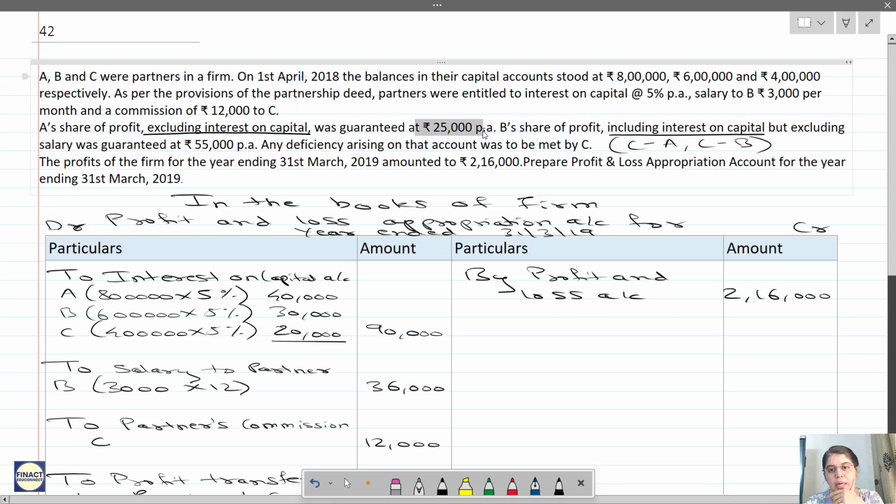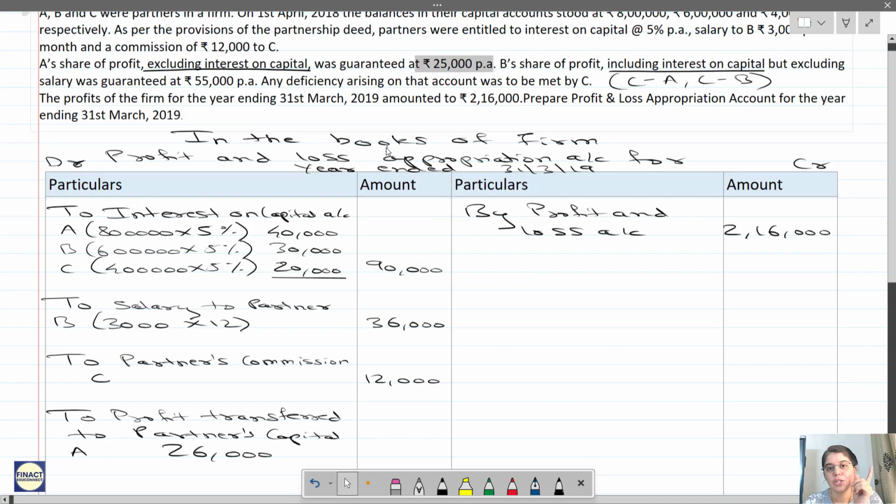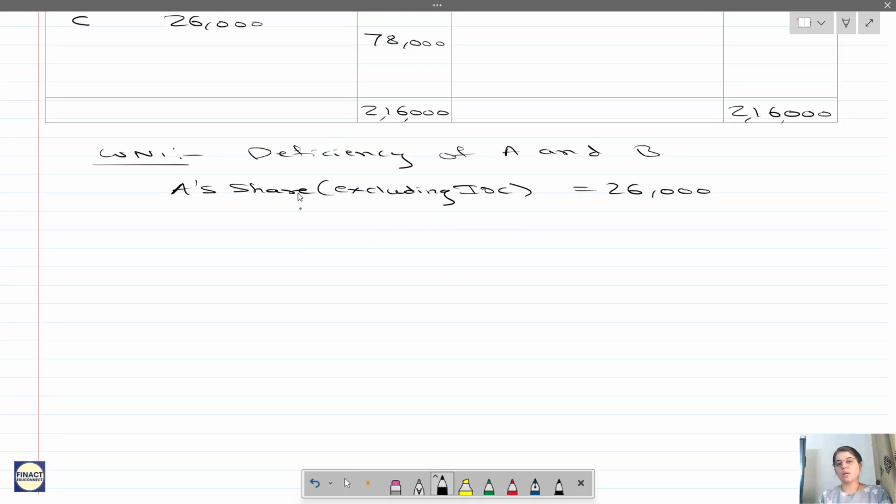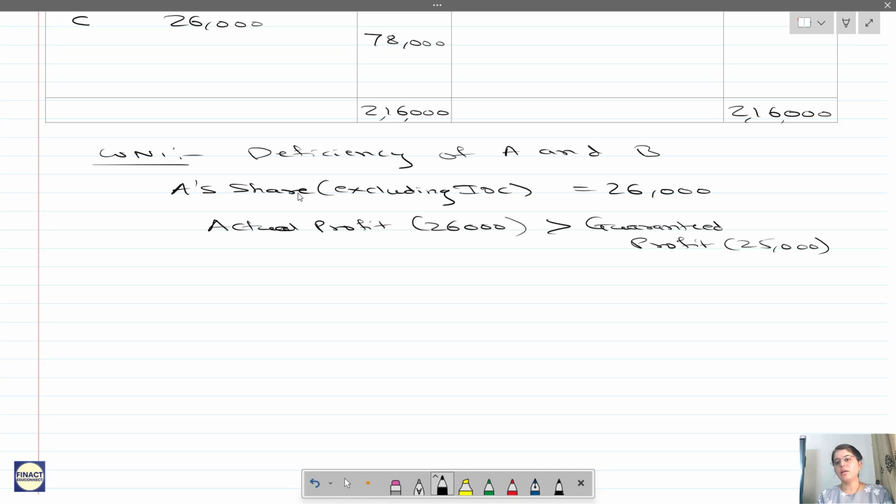Guaranteed at 25,000 per annum. So can you see here? The actual profit is greater than the guaranteed profit. Actual profit is 26,000, which is greater than the guaranteed profit. So there is no deficiency. The guaranteed profit was only 25,000. So here, no deficiency.